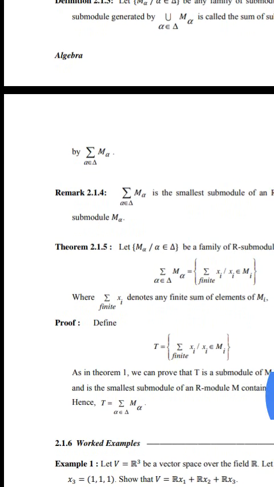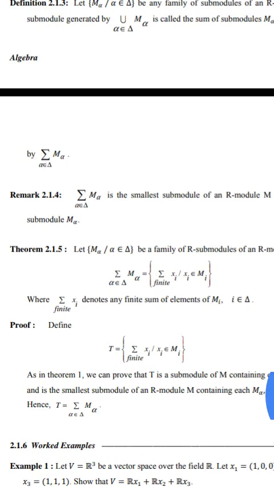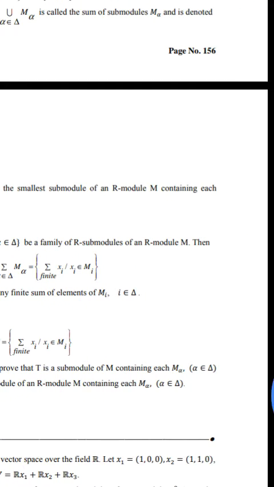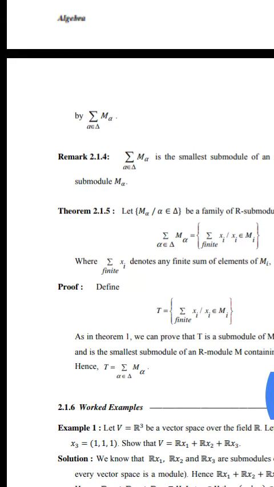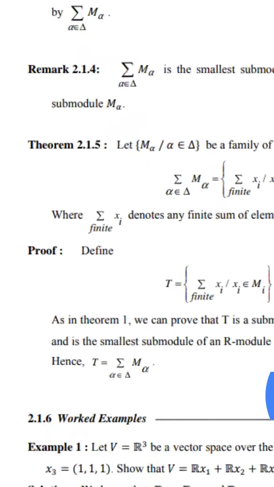Remark: summation of M alpha, alpha belongs to delta, is the smallest submodule of an R module M containing each submodule M alpha.